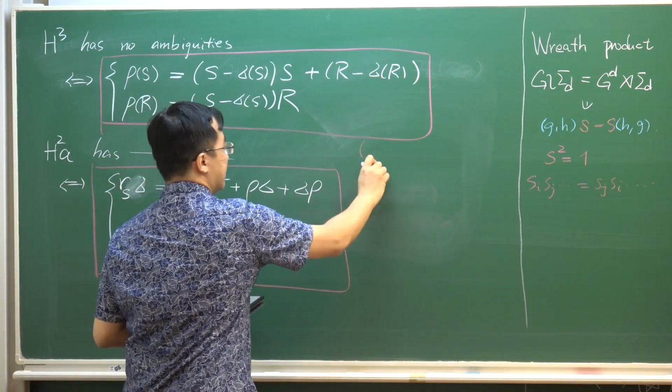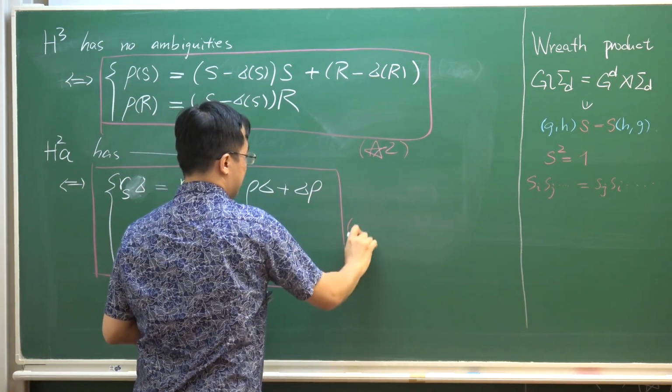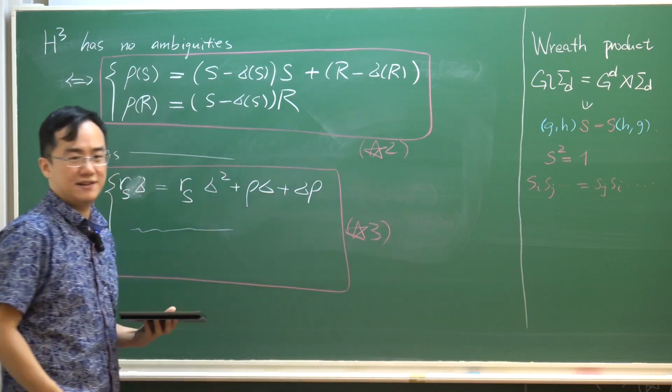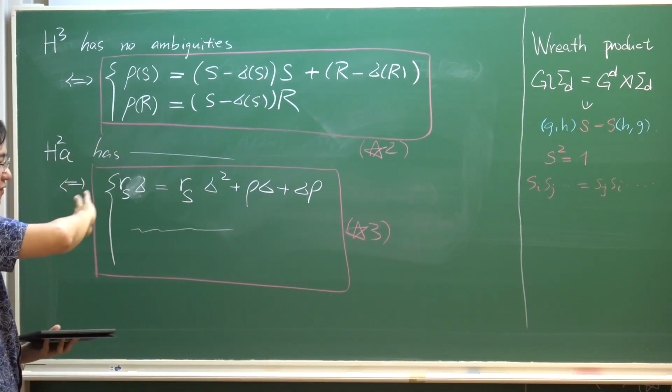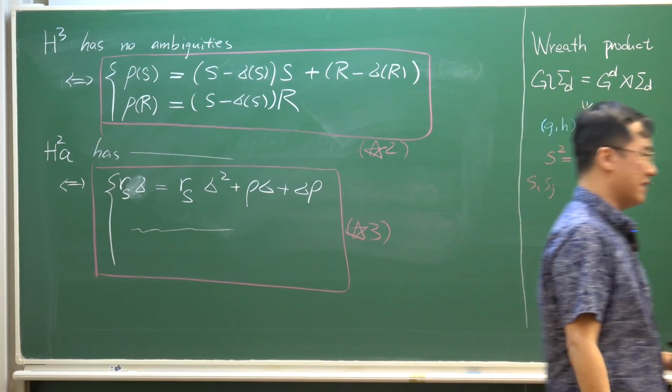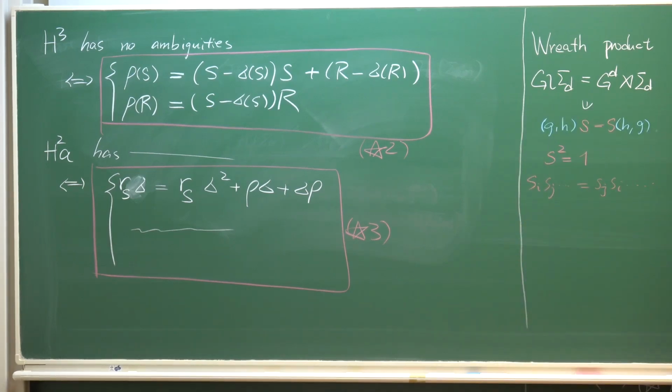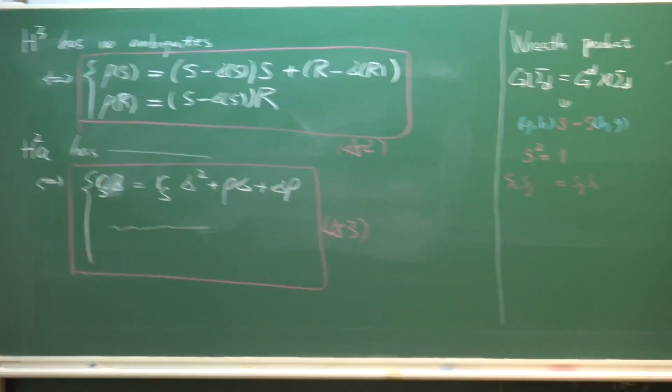And by the way, let me call these guys star 2 and star 3 for now. You don't need to memorize what those are. You just need to know that, corresponding to each of these strands, we have some set of conditions.